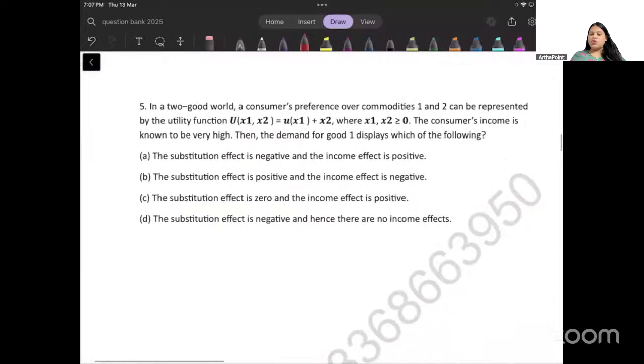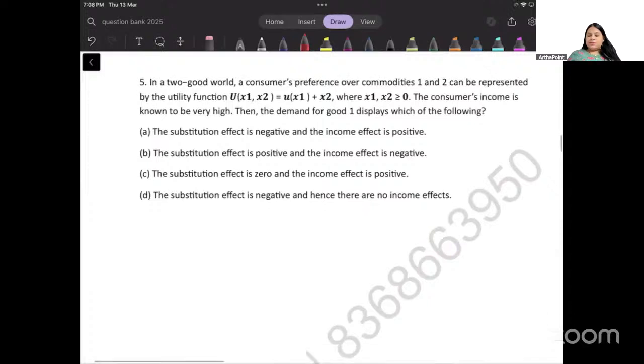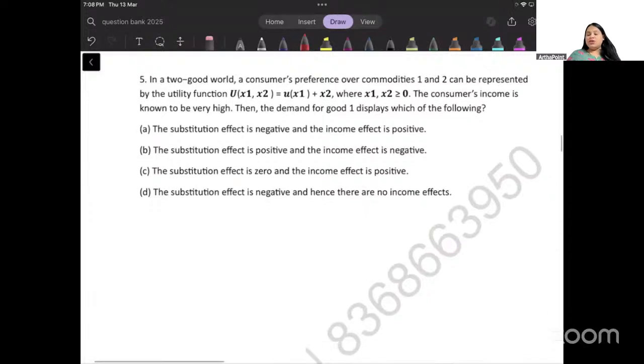Try to do this question, question number 5. In a two good world, consumer preferences over commodity 1 and 2 are represented by this utility function. The consumer income is known to be very high. Demand for good one displays which of the following?